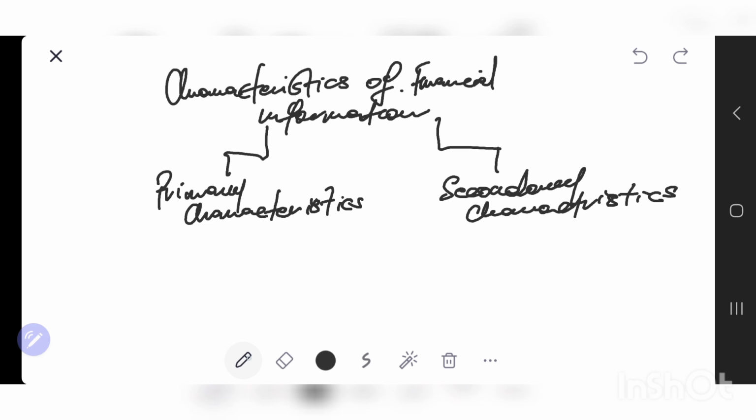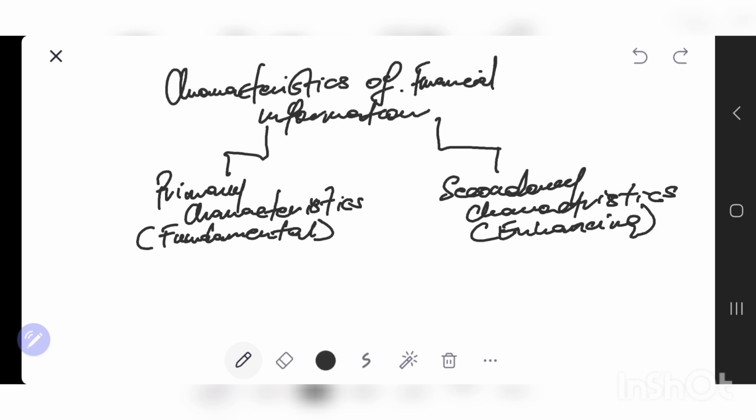The primary characteristics are also called the fundamental. And these ones are called the enhancing characteristics. These are called the fundamental characteristics on the conceptual framework, and these are called the enhancing characteristics on the conceptual framework.